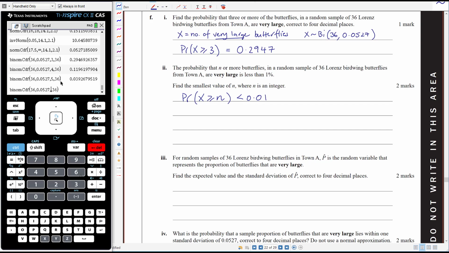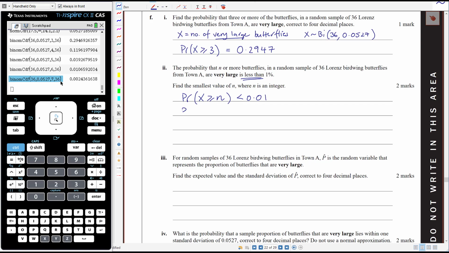The probability that 6 or more butterflies have a very large wingspan is 0.01 correct to 2 decimal places, but it's still slightly more than 0.01, and you want that value to be less than 1%. So we're going to have to go one more, I think, to say that n must be 7. And then anything bigger than that will obviously also be less than 1%. We're trying to find the smallest value of n, so n equals 7 is the smallest value.